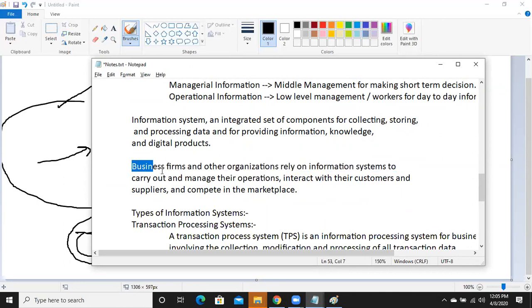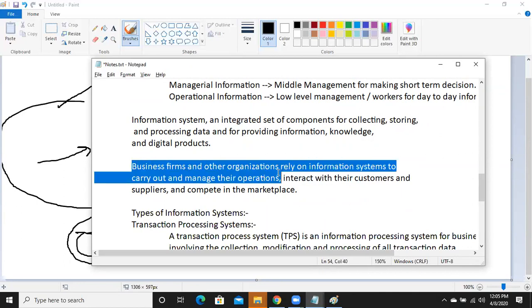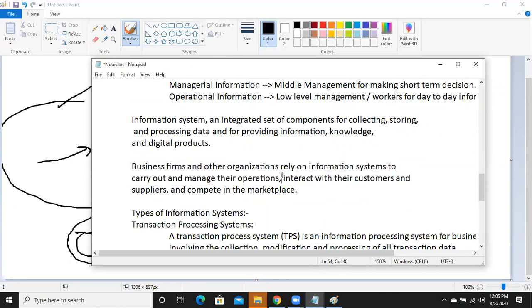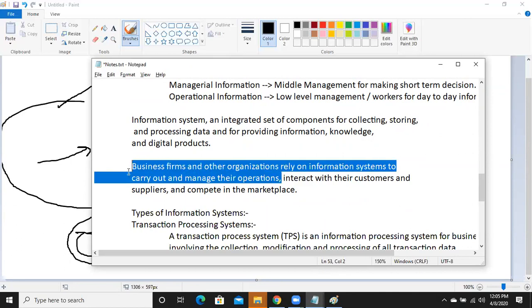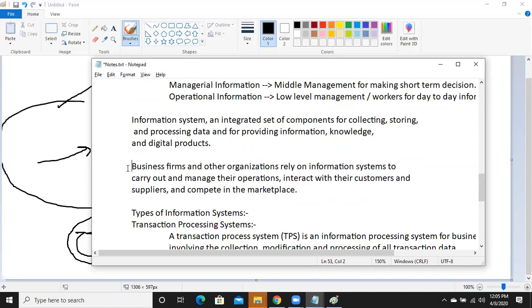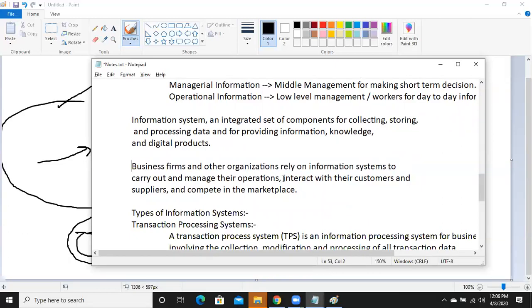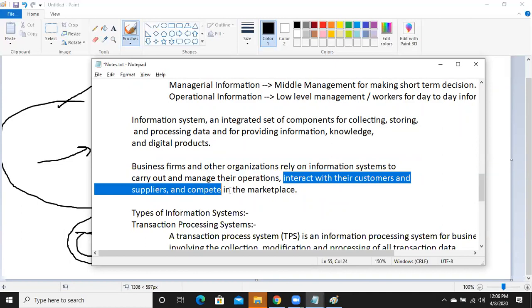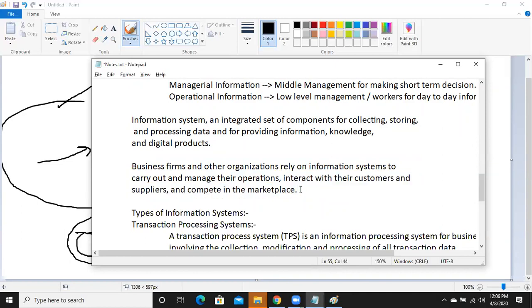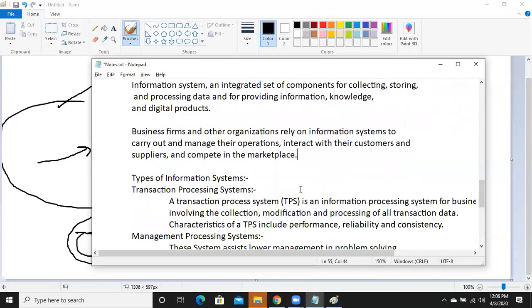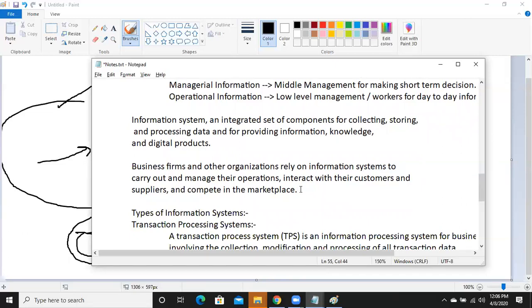Because the business firms are dependent on the information system, because these systems are the only systems which provide the reports to them, which provide the analysis that you are having loss, you have to take some decisions. Okay, so all that information is basically processed by the information system. These information systems interact with their customers data, suppliers data, and compete in the marketplace. Yeah, so this is about the information system.